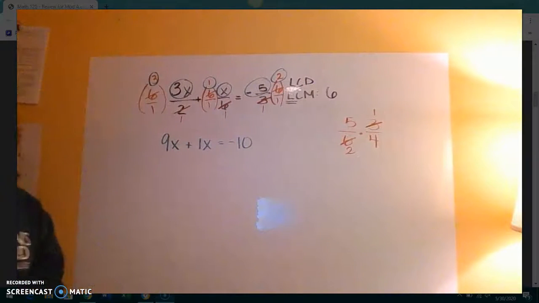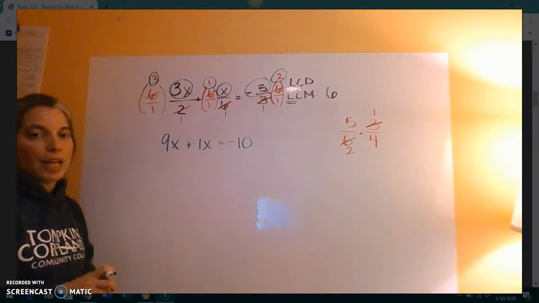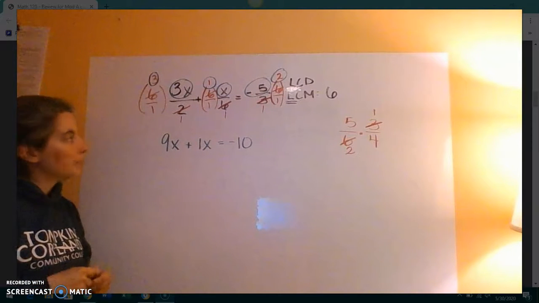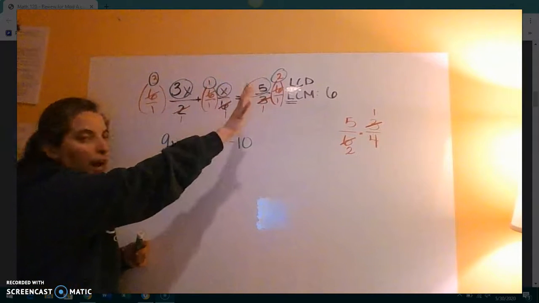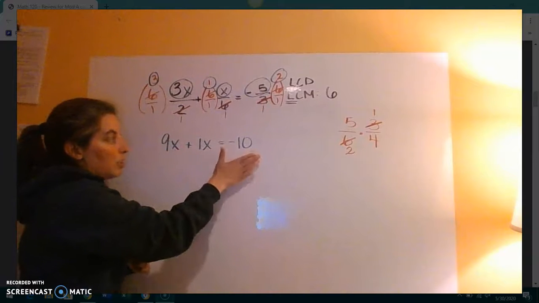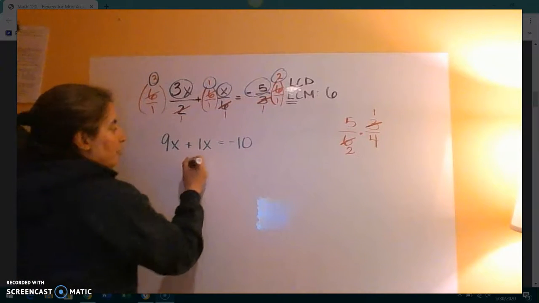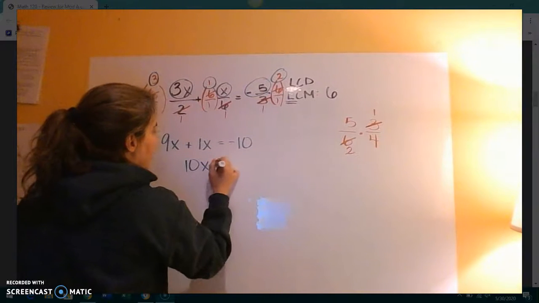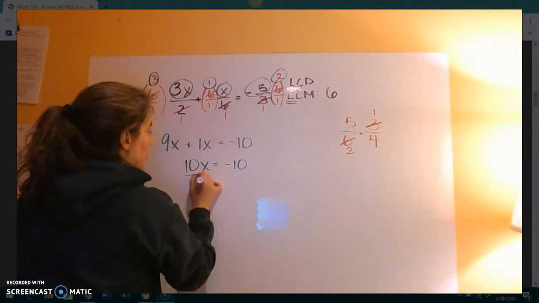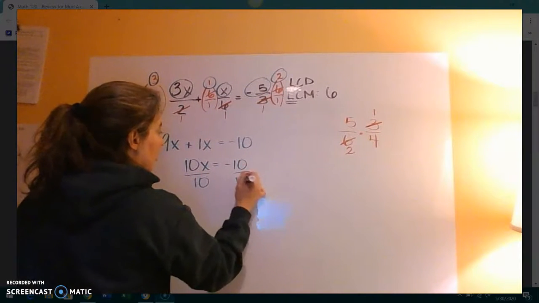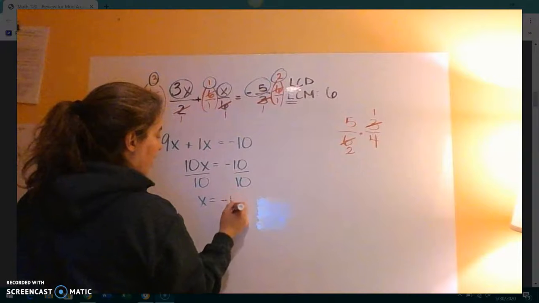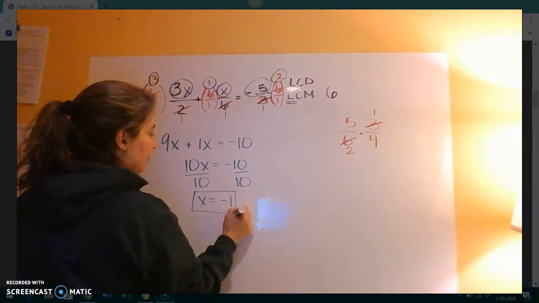There's no x on that side. Now in this one step, I have gone from this mess with all these fractions to something that's equivalent but has no fractions. Very easy to solve, right? Combine these 2: 10x equals negative 10, divide by 10, divide by 10, x equals negative 1.